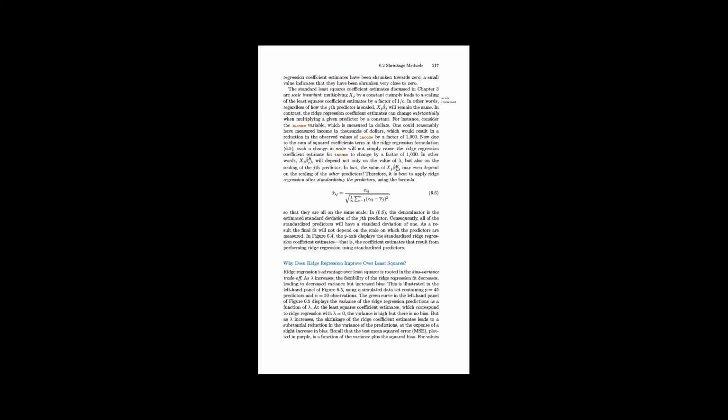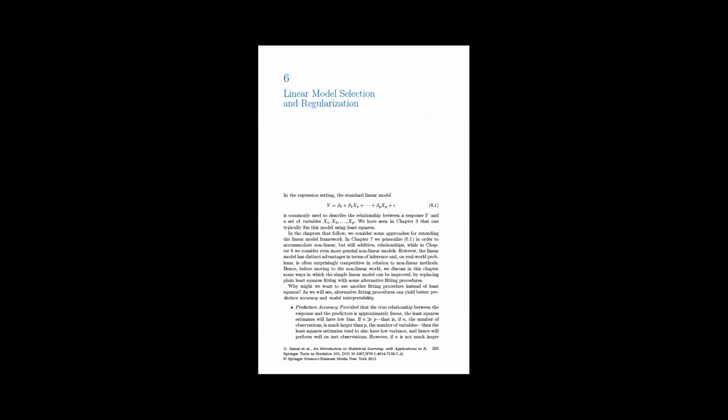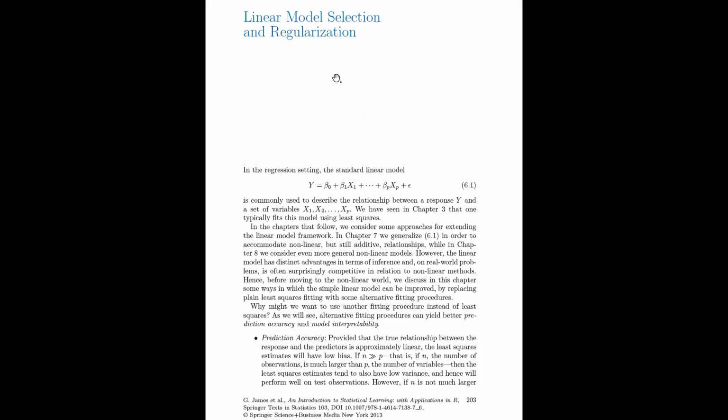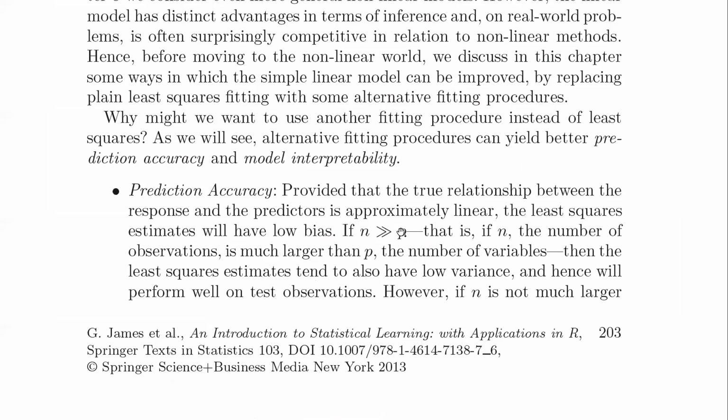Now, going back to chapter 6, let's see if we can make sense of this. So the prediction accuracy: provided that the true relationship between the response and the predictors is approximately linear, then the least squares estimates will have a low bias.